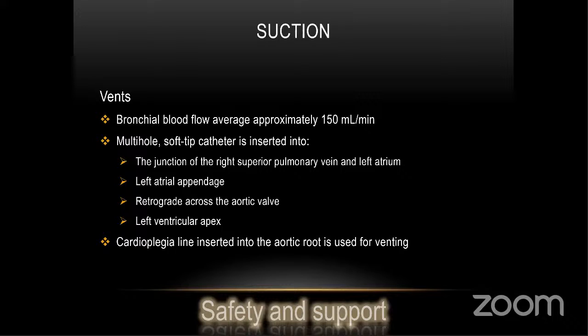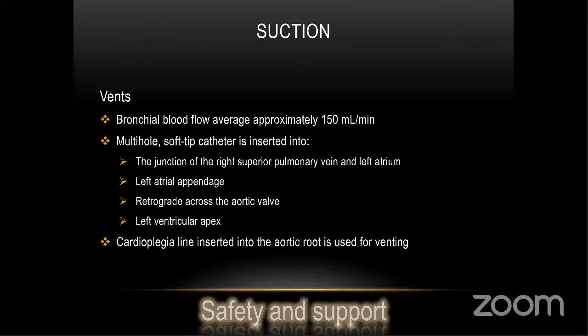Bronchial blood flow averages approximately 150 ml per minute. So a multi-hole soft tip catheter is inserted as a vent to minimize blood back into the field and to improve the exposure.